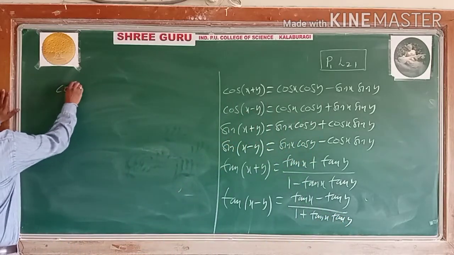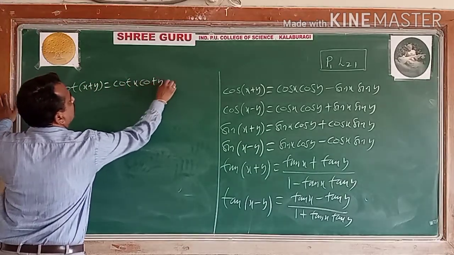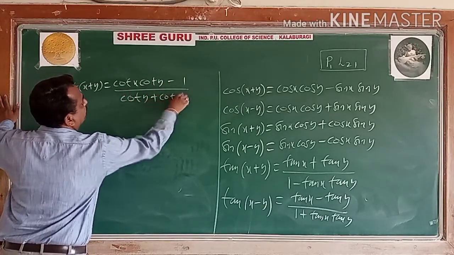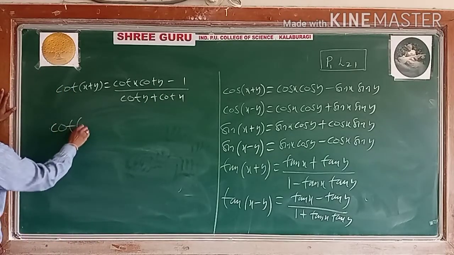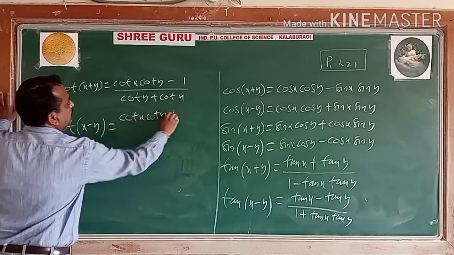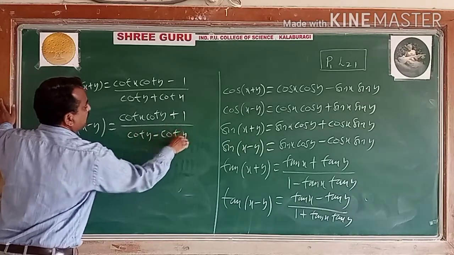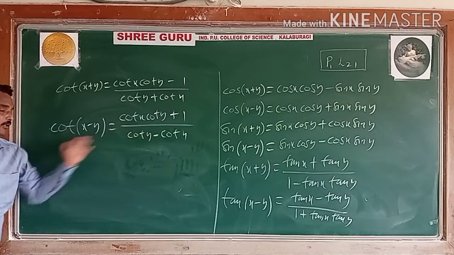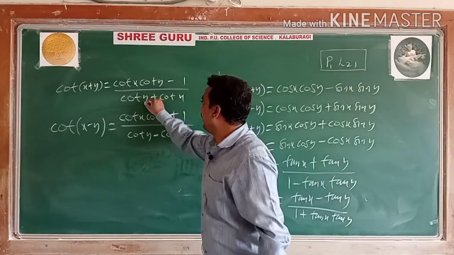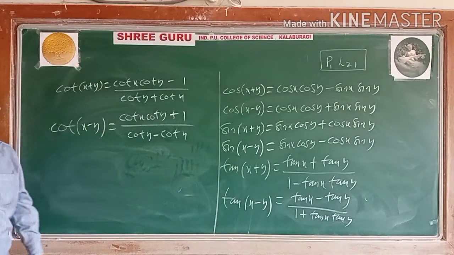And cot of x plus y is equal to cot x cot y minus 1 divided by cot y plus cot x, first y, and then cot x minus y is cot x cot y plus 1 divided by cot y minus cot x. Because in the denominator we took the minus sign outside and it cancelled, it becomes y first. So in the sum formula also we write y first.